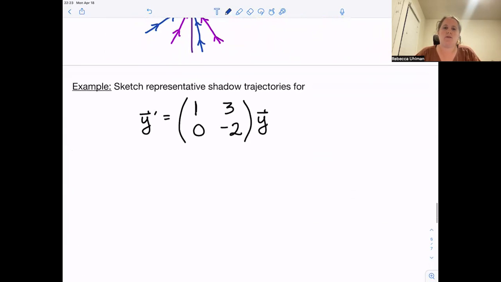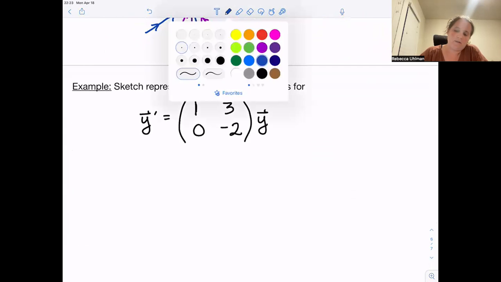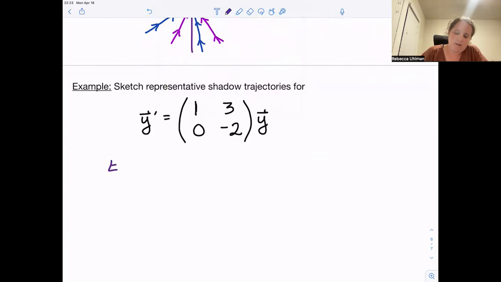We'll go ahead and sketch the representative shadow trajectories for the system y prime equals the matrix with first row 1, 3 and second row 0, -2, times y. So again, we need to find our eigenvalues.